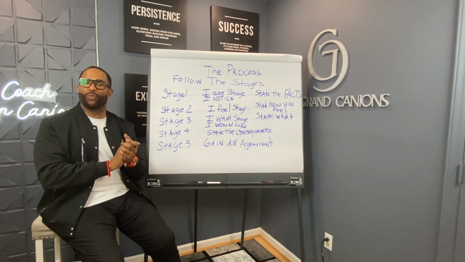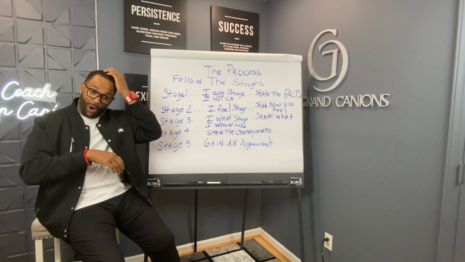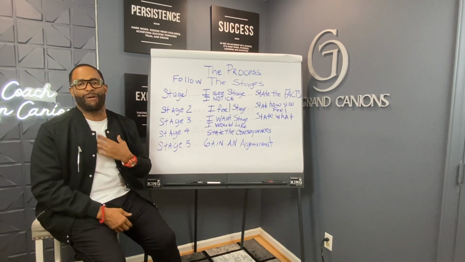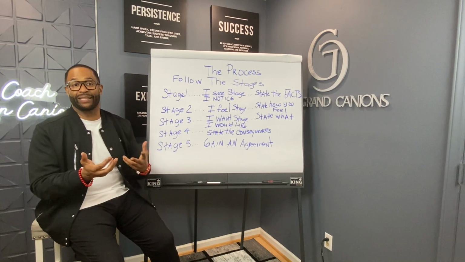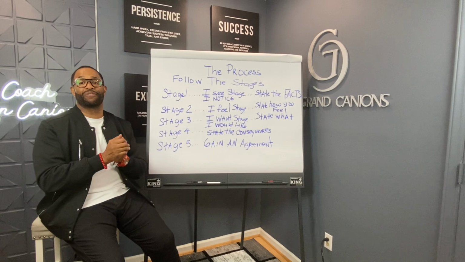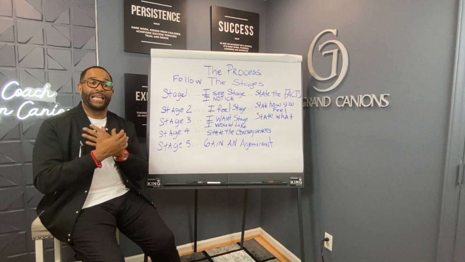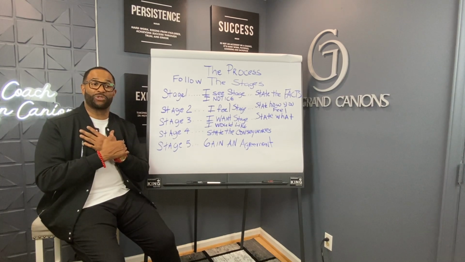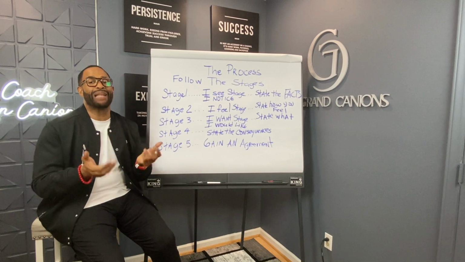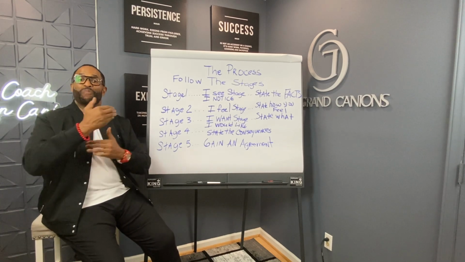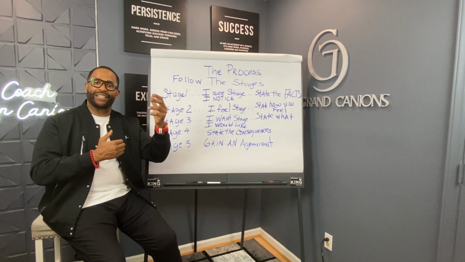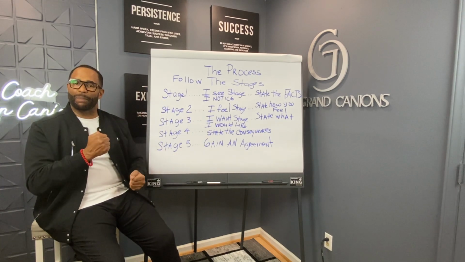Then I touched the limbic part of the brain and I said, here's how I feel about the fact. Here's how I feel about you texting, you sending pictures to another female. It makes me feel like I'm disrespected, that I'm undervalued, that you don't take this seriously, right? So state the fact, state how you feel about the fact.